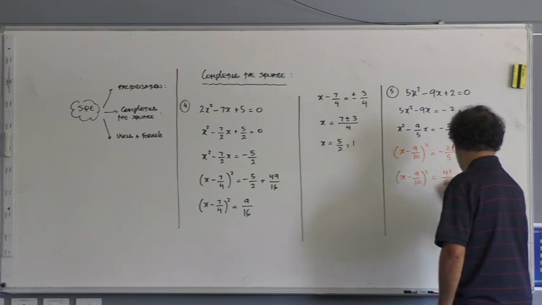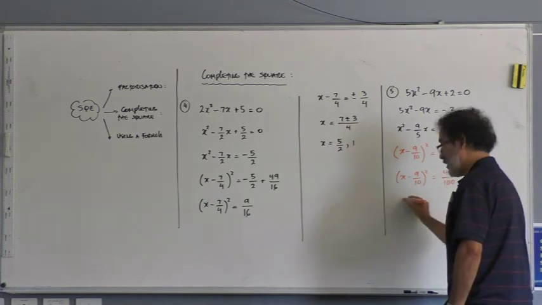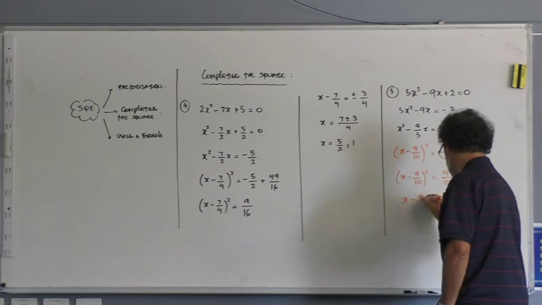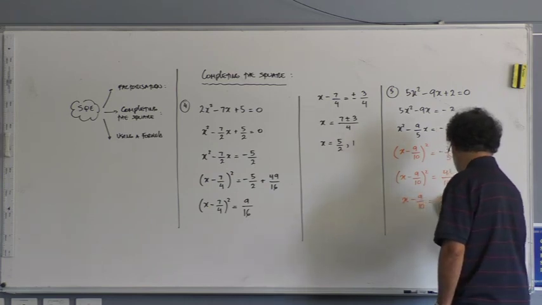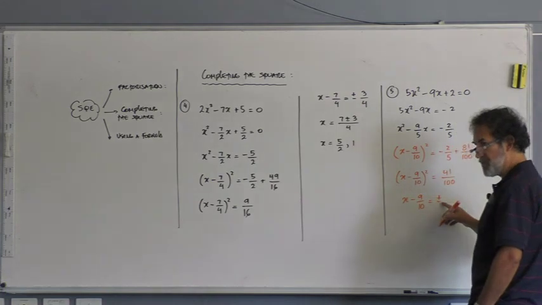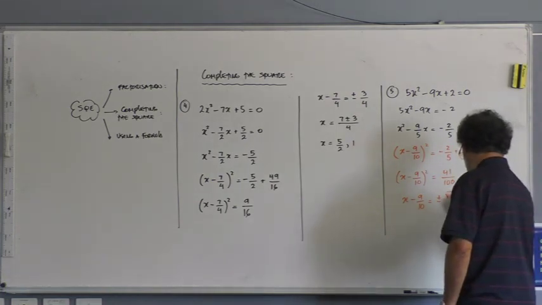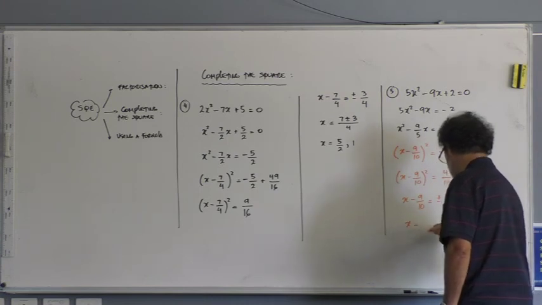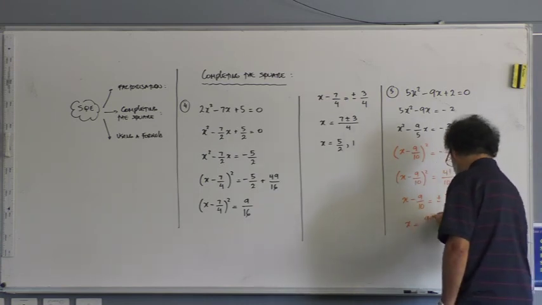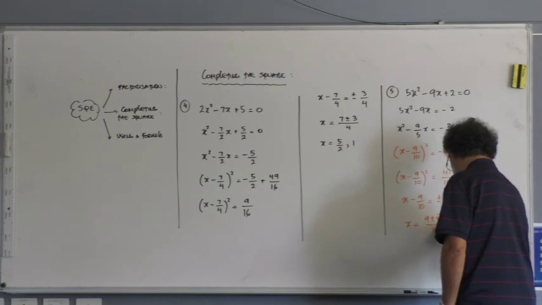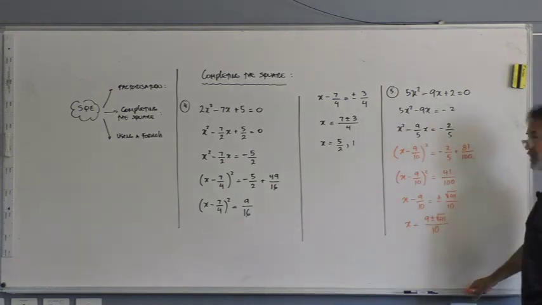And if you square root both sides, you'll have x minus 9 over 10 equals the square root of 41 over 10. Don't forget the plus or minus. Then x equals 9 plus or minus square root of 41 over 10. So that is the answer for that question.